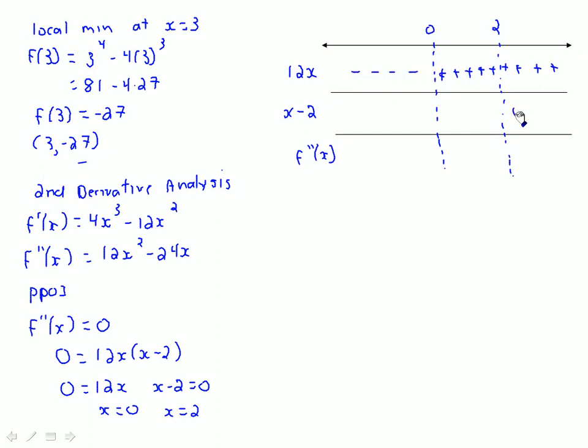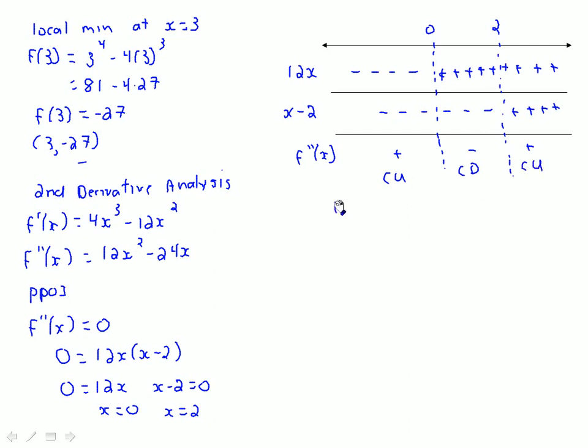X minus 2 is positive when x is above 2, and then negative when it's below. So the second derivative is positive, it is negative, it is positive. So if it's positive, we would recognize that as being concave up. If it's negative, it's concave down. And then if it's positive again, concave up.